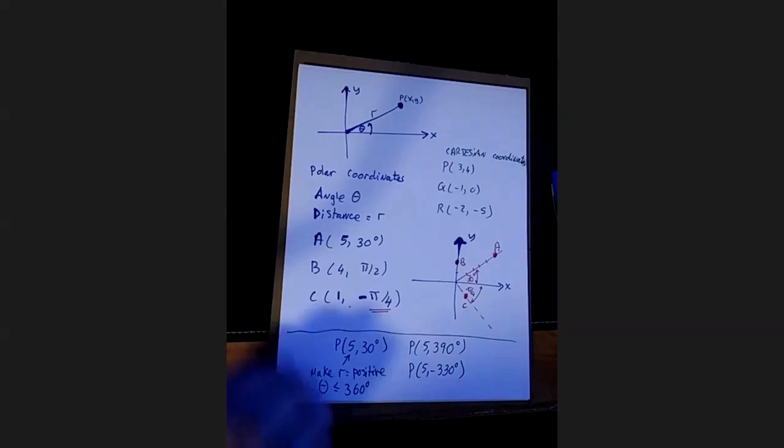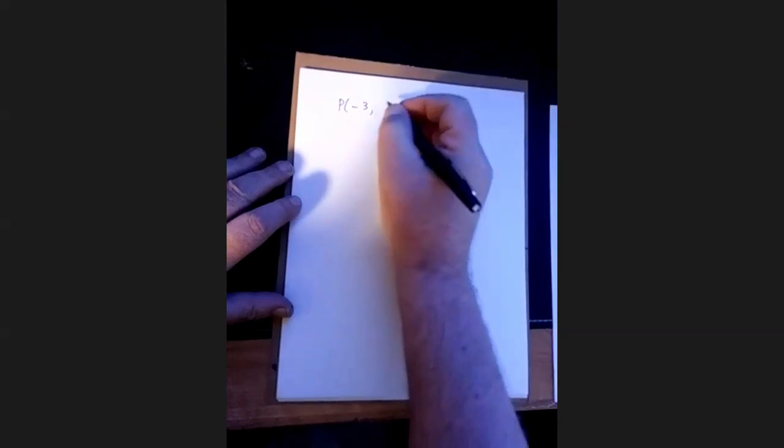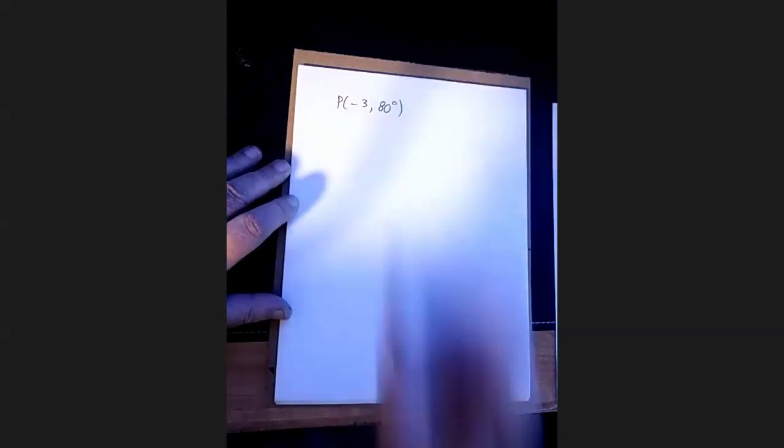Now, there's one version of that restriction I haven't used yet, and that is a negative r value. And you might think, how do you get a negative r value? Well, let's see if I can show you how you would get one. Suppose I had a point that was negative 3, 80 degrees.